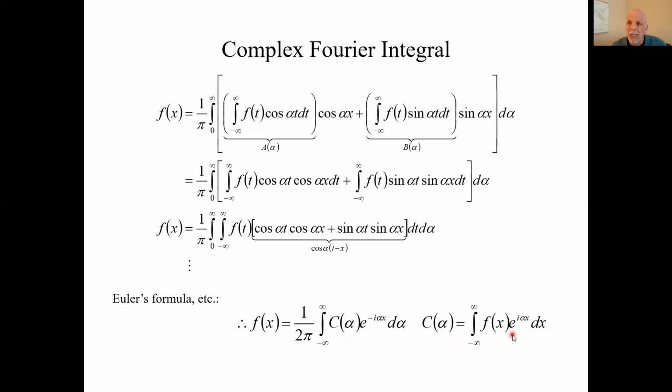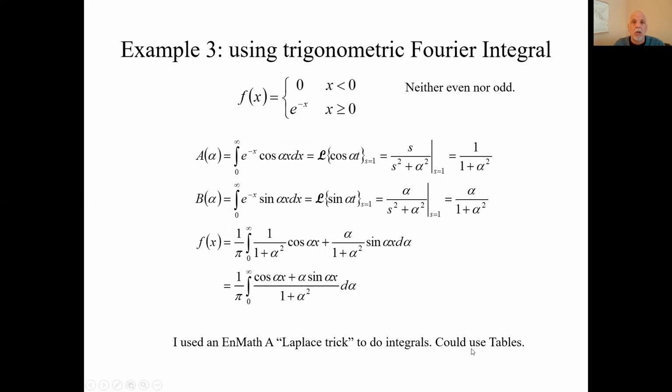So we have an exponential version, or the complex version, of the Fourier integral. Like I said, we could have derived that directly from the exponential Fourier series and taken the limit. But here we use the trigonometric Fourier integral and then use Euler's formula. So anyway, here's the new version of the complex Fourier integral.